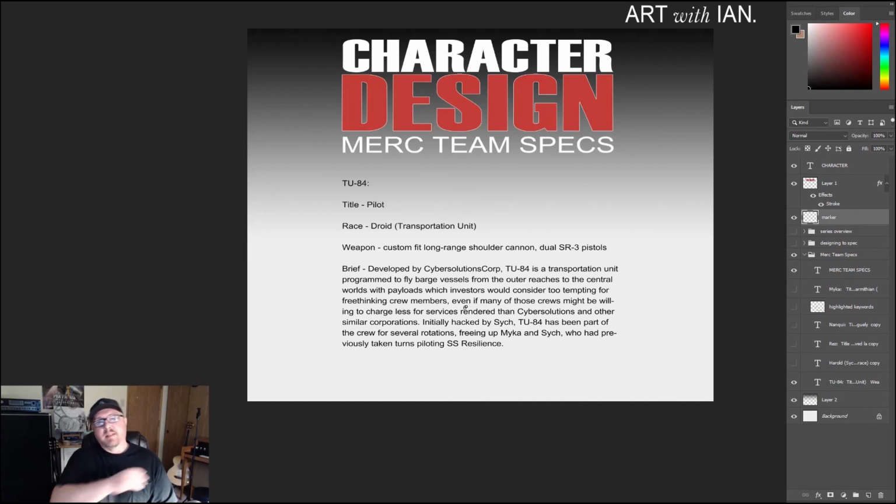The custom fit shoulder cannon is probably something that Psych would have built, I'm not positive there, but anyway, he's been modded out a little bit from the basic droid that he would have been when they got him. So anyways, that is the team.